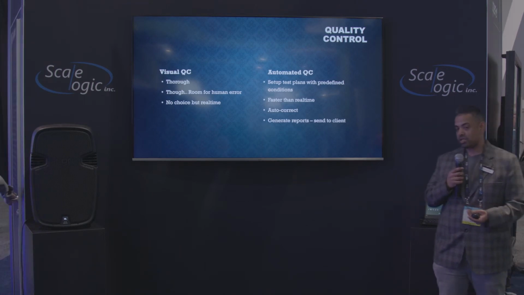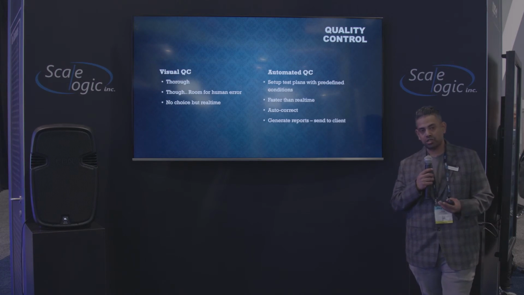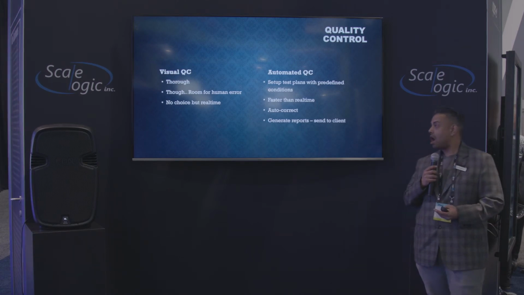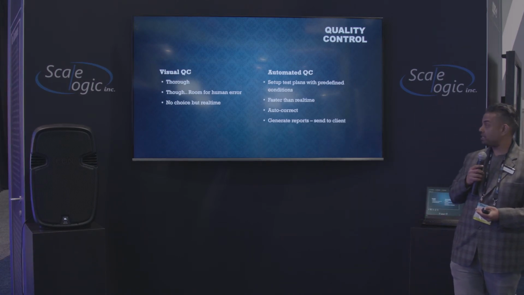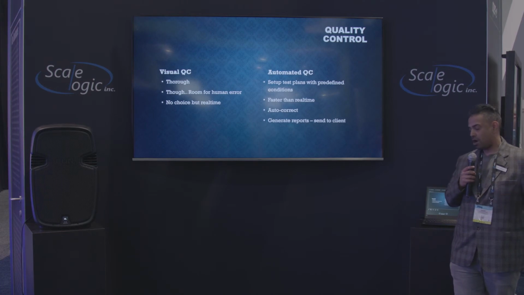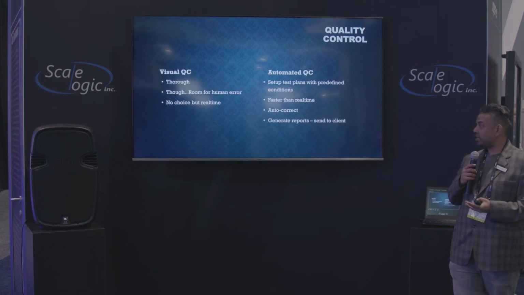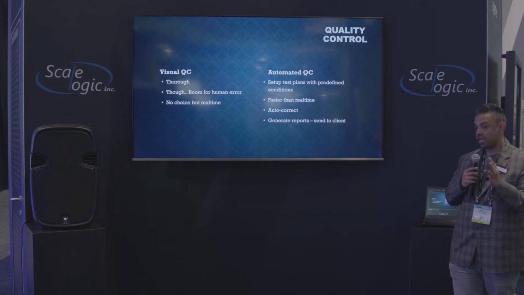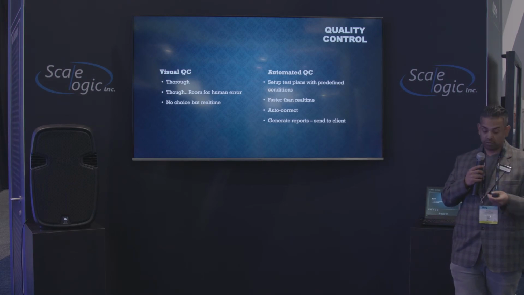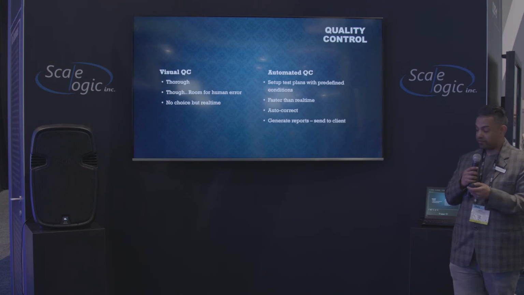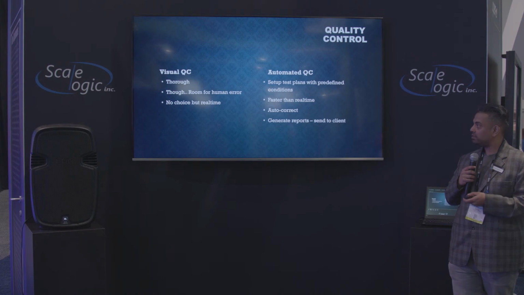So there's packages out there such as VidChecker by Telestream, Baton by Interra, Aurora by Tektronix, and all these products work very similarly, but they're going to sit there, they're going to analyze based on a test plan you've set, and then auto-generate reports. You can send those reports to customers to give ultimate confidence, and it's going to be faster than real time.